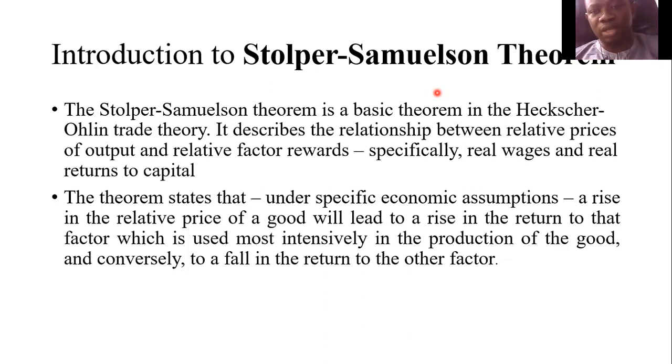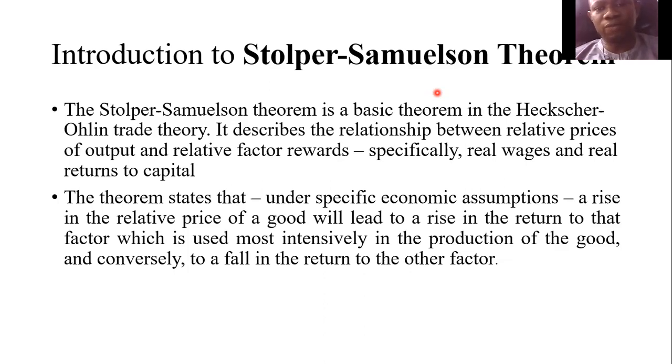If the price of car increases, the capital that is intensively used in the production of car will get higher rewards compared to labor that is used intensively in the production of cocoa. That's what this theory is all about. That's the basic thing that underlines this theory.